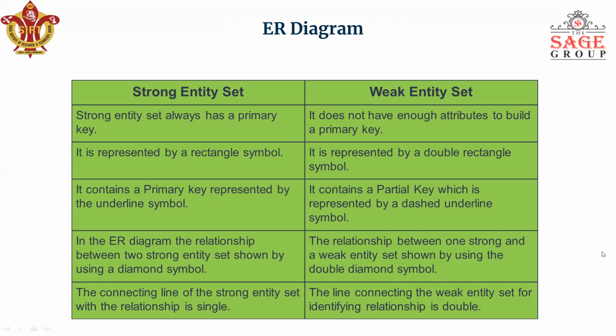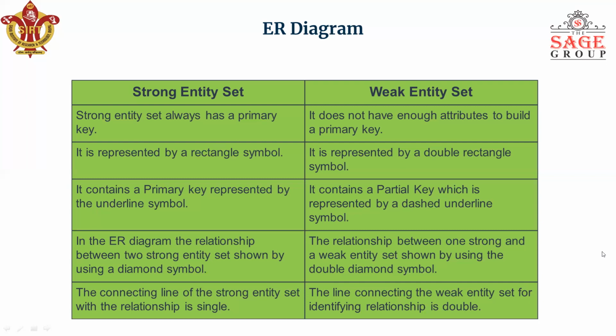And the weak entity set contains a partial key, which is represented by a dashed line. Fourth point: in an ER diagram, the relationship between two strong entity sets is shown by a diamond symbol. In a weak entity set, the relationship between one strong and one weak entity set is represented by a double diamond symbol.